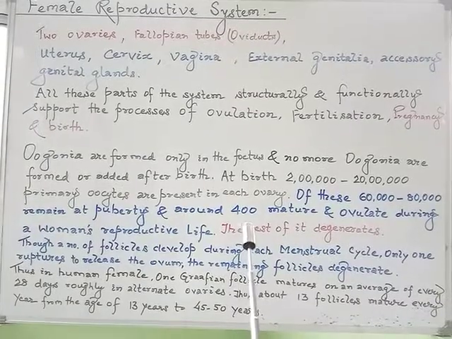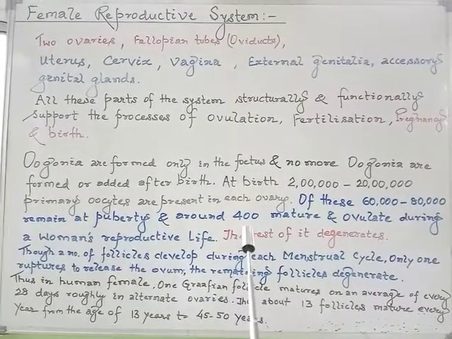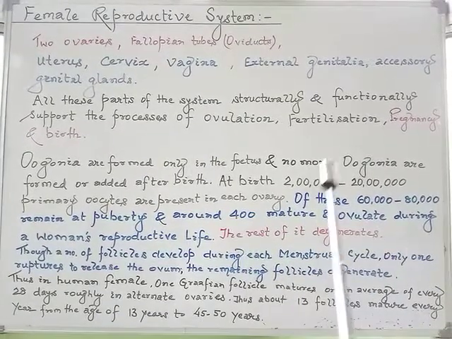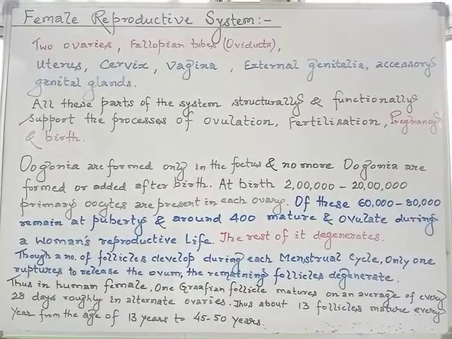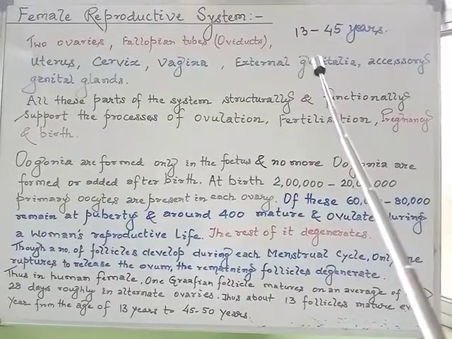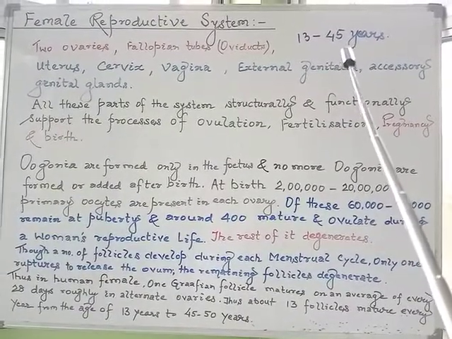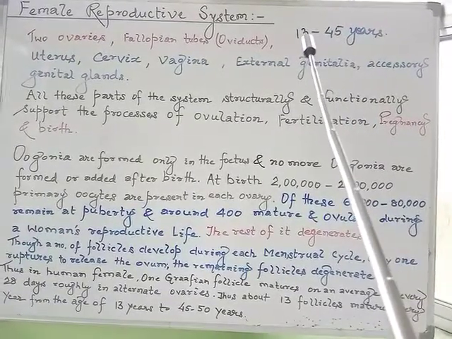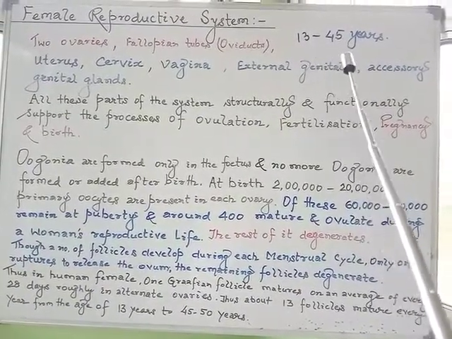As we know, the reproductive age within the females is from around 13 to 45 on an average basis. Then if we subtract 45 minus 13, it would be around 32 years.